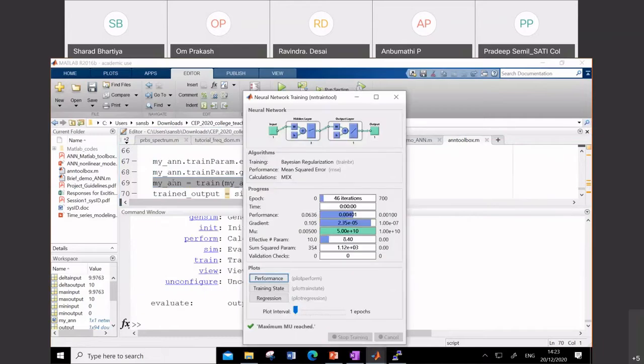You see, it opens up. So if you type NN tool in MATLAB, it will open up a nice interface. So you don't need to do this coding if you don't like coding and just want to do drag and drop. That is possible.